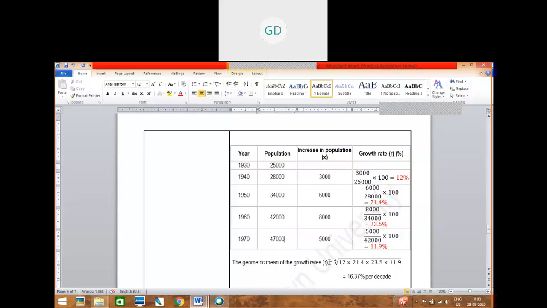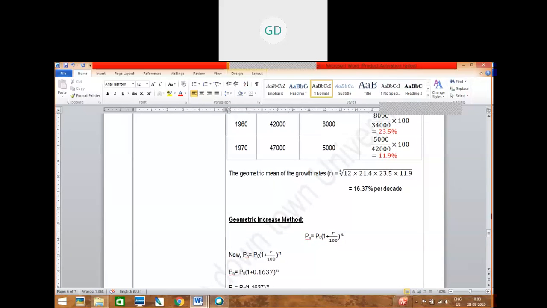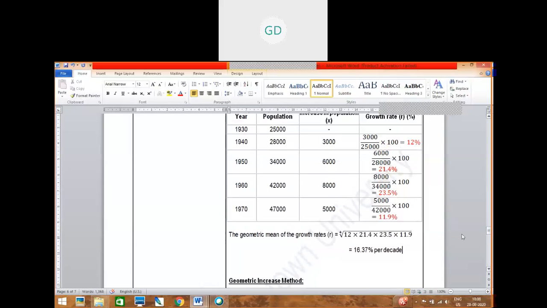It is a little difficult to explain virtually, but by seeing, try to understand. Like this one, we have taken the fourth root, and you multiply all the growth rates you got: 12, then 21.4, 23.5, then 11.9. You have to take the fourth root.